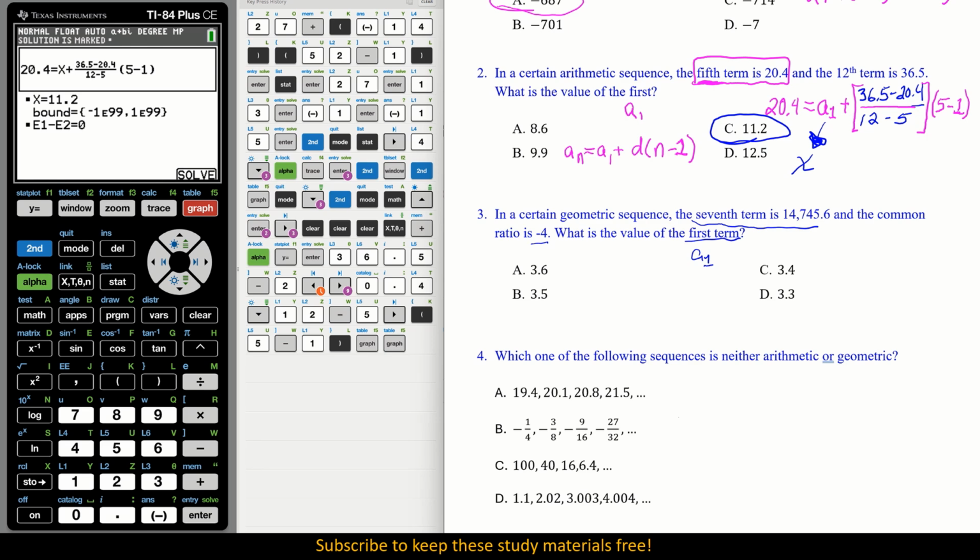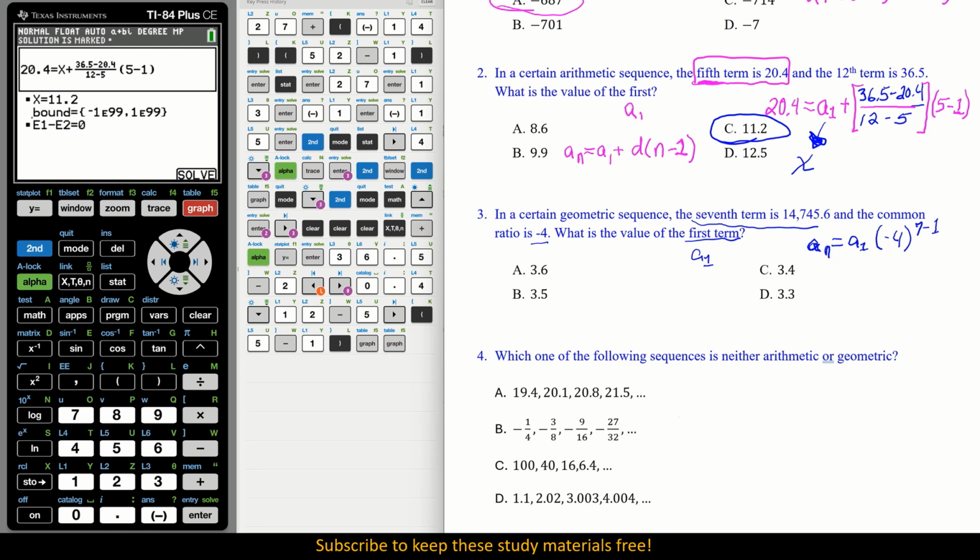Okay, so what we do is for this, we can just pop this in the solver too. But we do need to know the equation. So the equation is, here, let me go ahead and just write it. A sub n equals, okay, a sub 1 times the minus 4 to 7 minus 1.